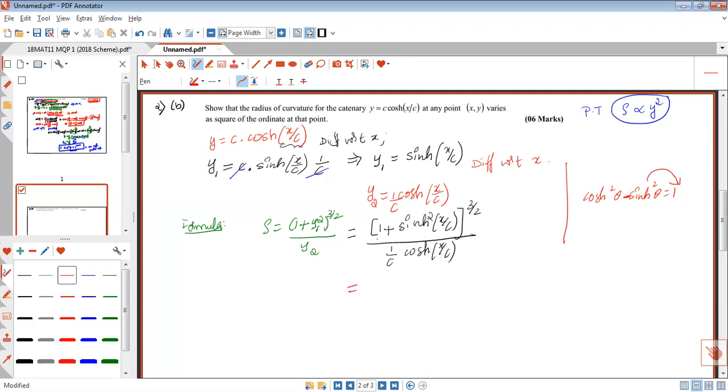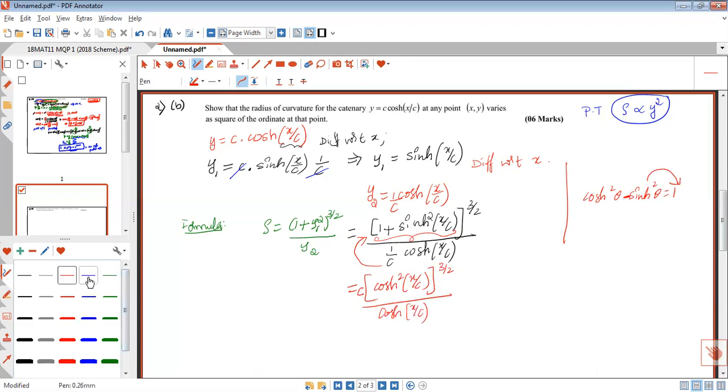So you can write 1 plus sin h square x by c as cos h square x by c, to the power 3 by 2, divided by, c being in the denominator of the denominator, c cos hyperbolic x by c.